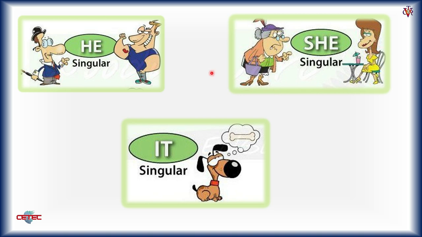Don't forget, he for a man, she for a girl. It. Now, here it is singular. You can talk about an animal or a thing. But don't forget, singular is only for one.